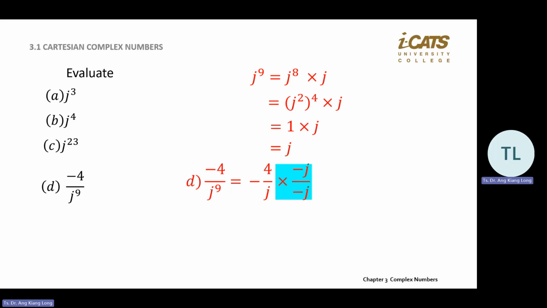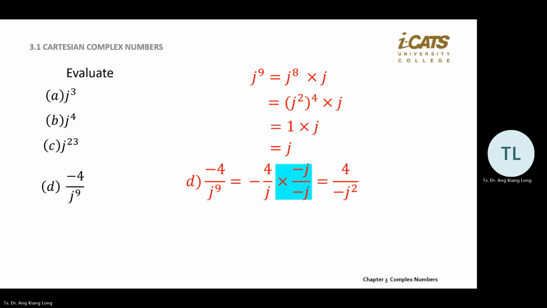So sometimes this blue color box is used in mathematics. We create something out of the space just to remove something. In this case, we remove the denominator. If we multiply by j over j, we would change the magnitude of that complex number.